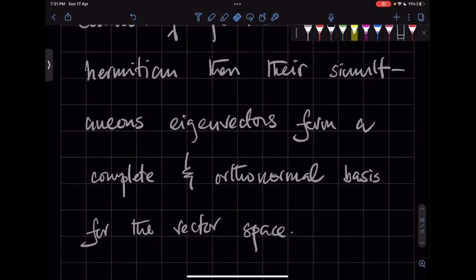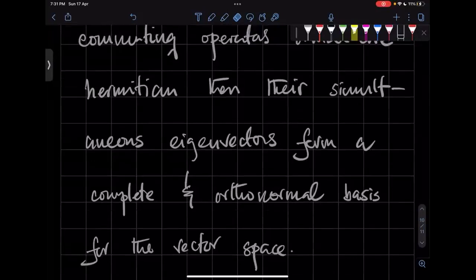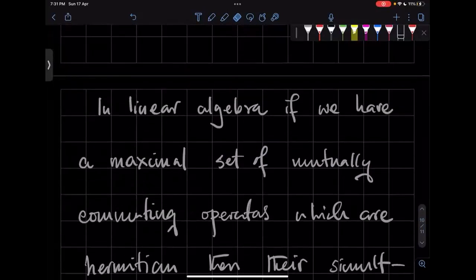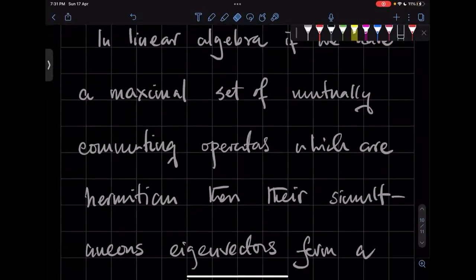That's why in finite dimensional linear algebra, Hermitian operators are so important, because they give us the basis of a vector space. I didn't see it in linear algebra, but I learned it in my quantum computing course. Yeah. Okay.